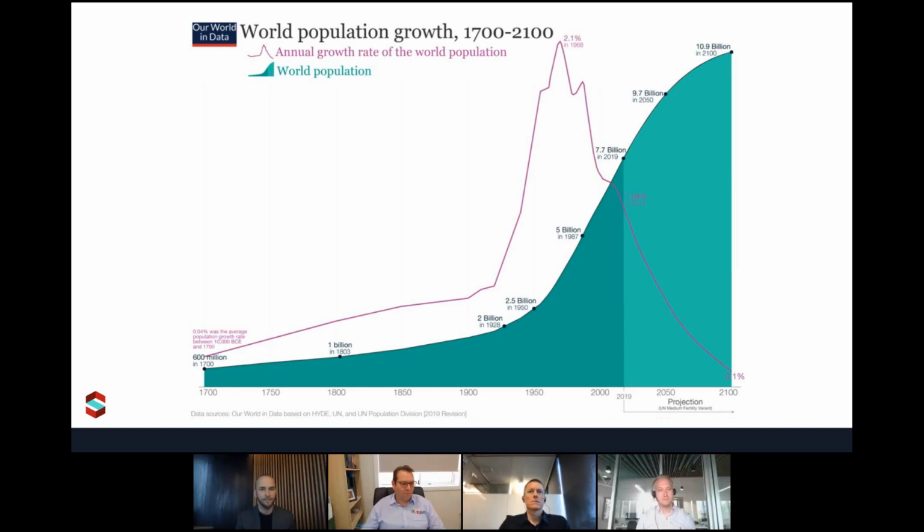Although, as you can see there in the purple line, the growth rate is on a sharp decline, we're still expected to see a fair bit of population growth over the next 50 to 100 years. So it just goes to show how important it is going forward that we're considering our buildings and the importance of carbon and improving the building sustainably.